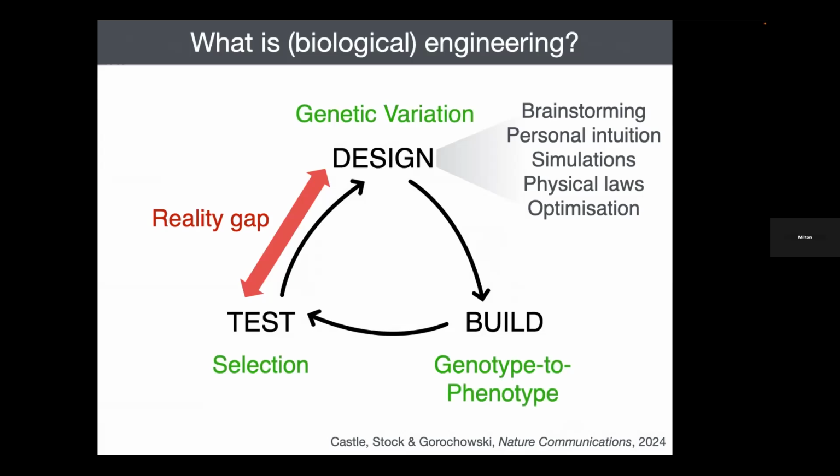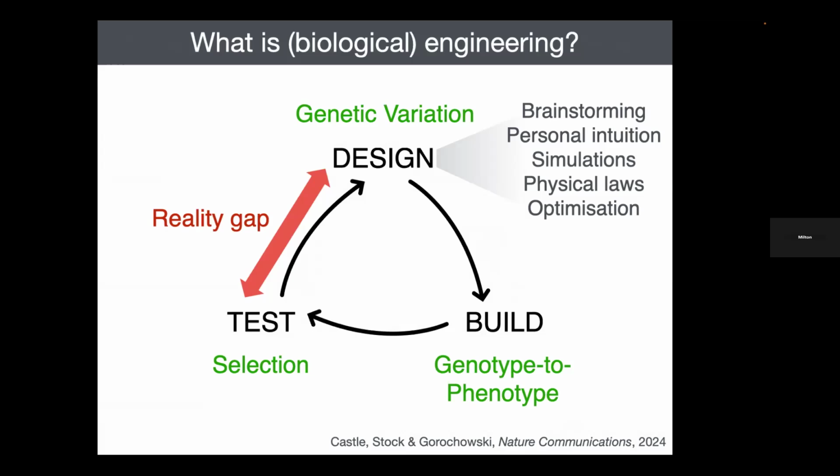Now, one of the really interesting things when you compare this kind of cyclic design process to what happens typically in biology is that there's a link to some of the things that biology does when it evolves. So in terms of design, I'm not a religious person, but I don't see there being someone actually deciding how a particular piece of genetic information should be modified.